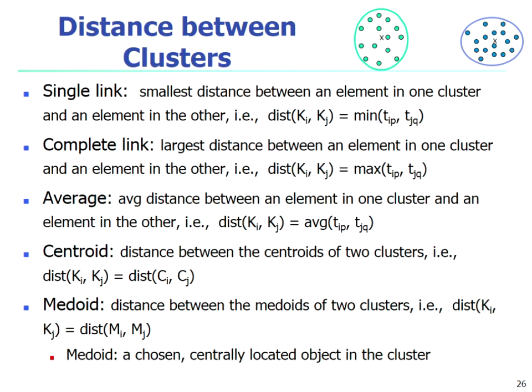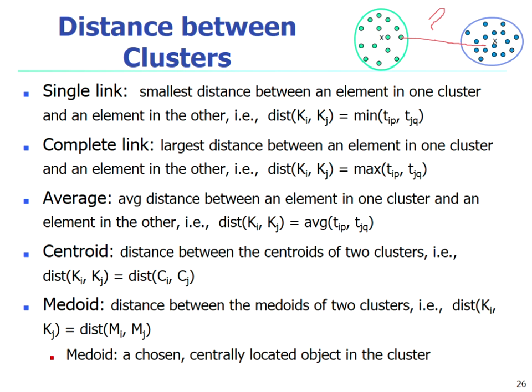So Diana is the reverse. So how can we calculate the distance between clusters, how can we evaluate this distance? This is the question. There are many manners to calculate the distance between clusters.